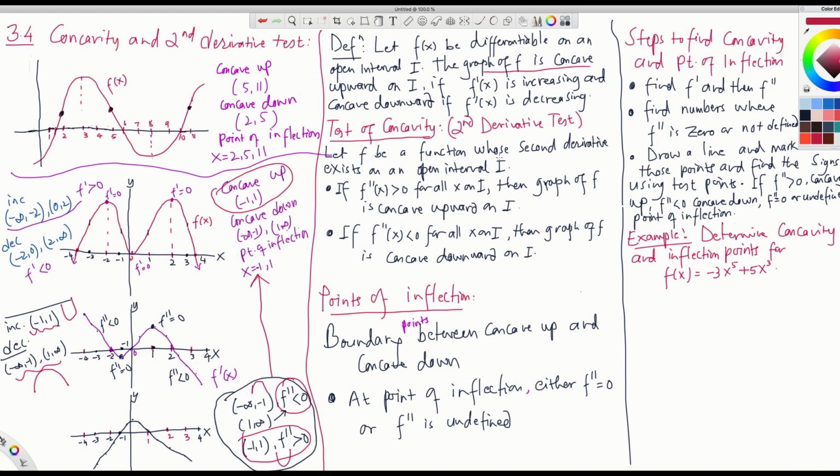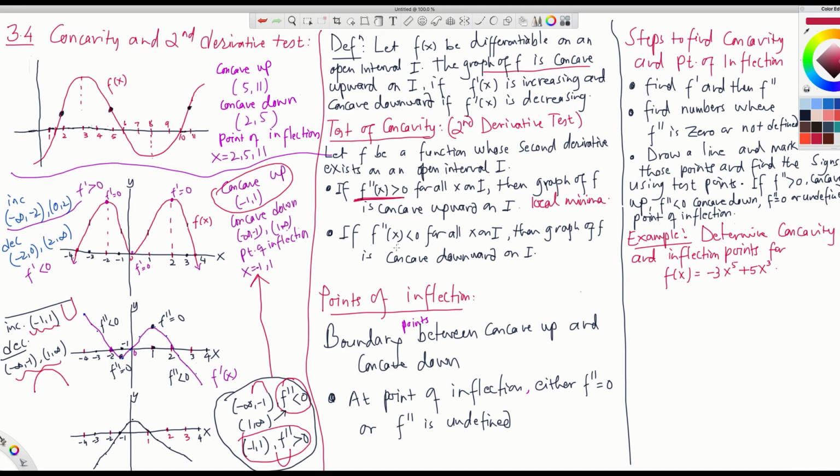Let f be a function whose second derivative exists on an open interval I. If the second derivative is positive for all x in that interval, then the graph of f is concave up. Whenever there is concave up, there is a chance of local minima, right? We'll talk about that later too.